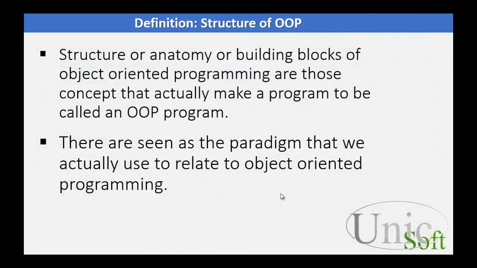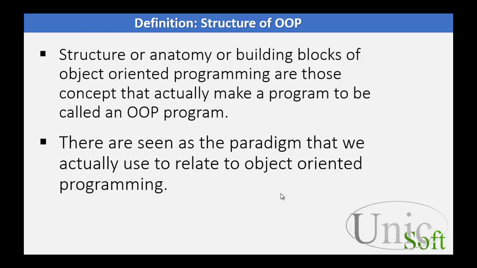So first of all, I'd like us to look at some definitions. What is even the structure of object-oriented programming? The structure, or the anatomy, or the building blocks, whichever one you may choose to understand quickly, of object-oriented programming are those concepts that actually make a program to be called an OOP program.